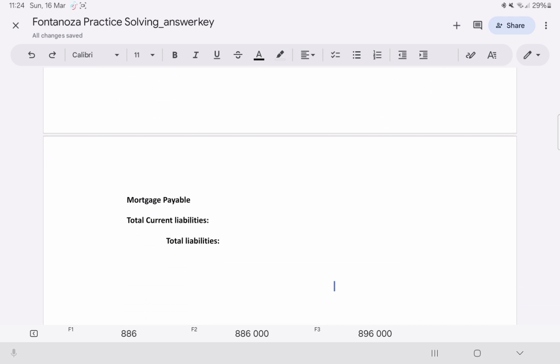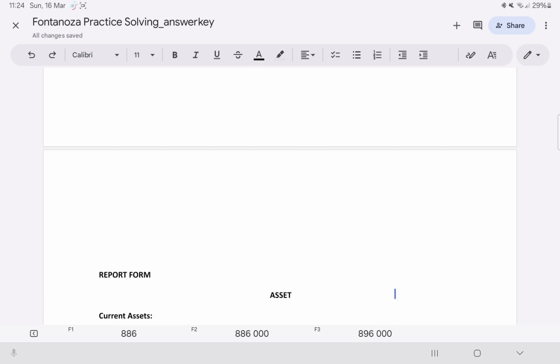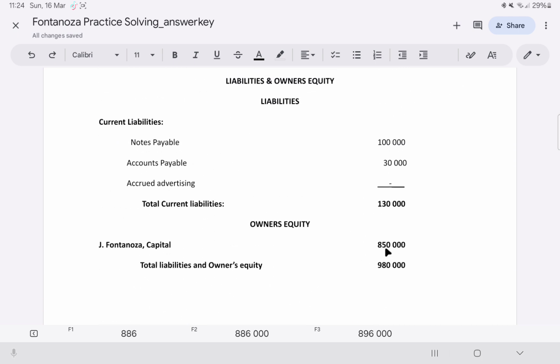Let's check: 130,000 plus 886,000 is 1,016,000. Let's check if this is correct.